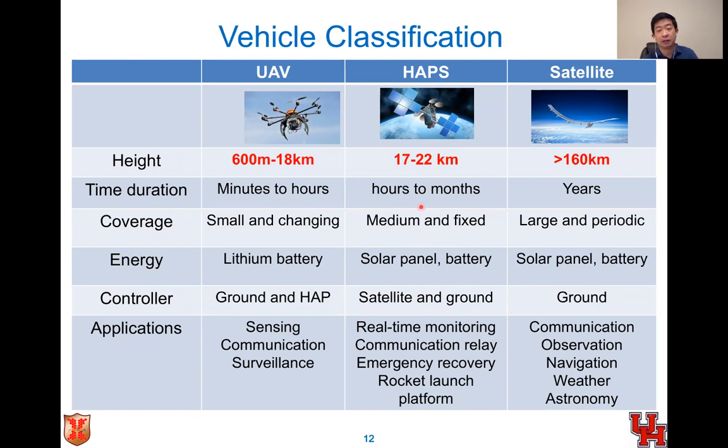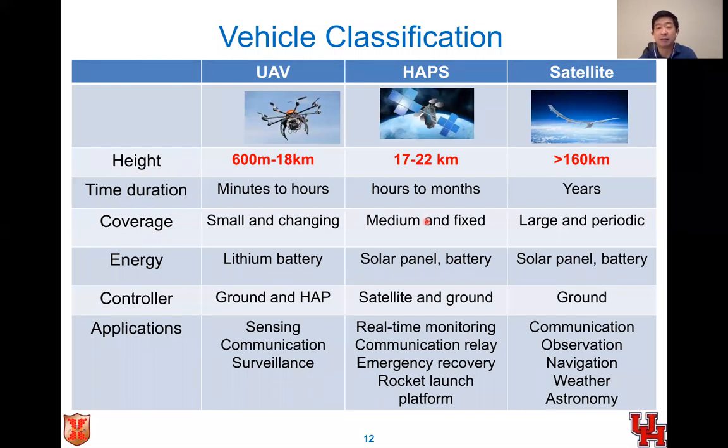It is very robust. They use a solar panel or battery, so they can survive there. They can be controlled by the ground or the satellite, and can do real-time monitoring, emergency recovery, rocket launch platform, etc.